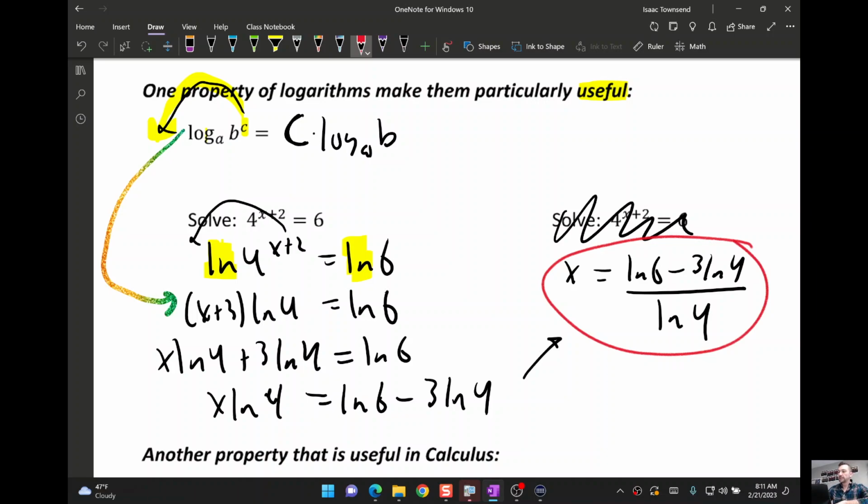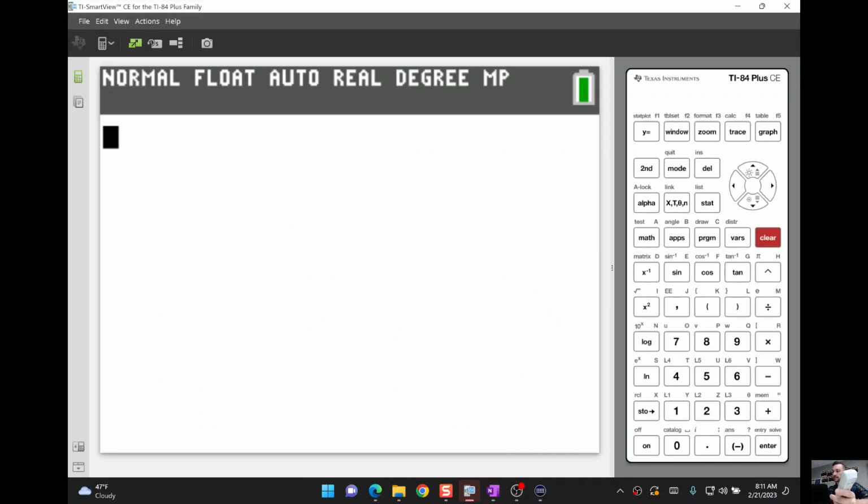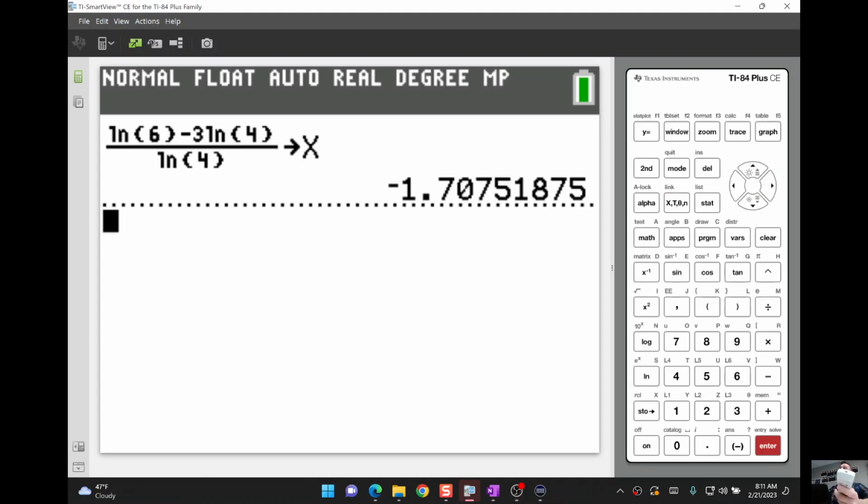So if I go ahead and take just a second here to convince you, I'm going to ask my calculator to store this. When I do that, it also changes it to a decimal for me, so I know approximately what my answer is equal to.